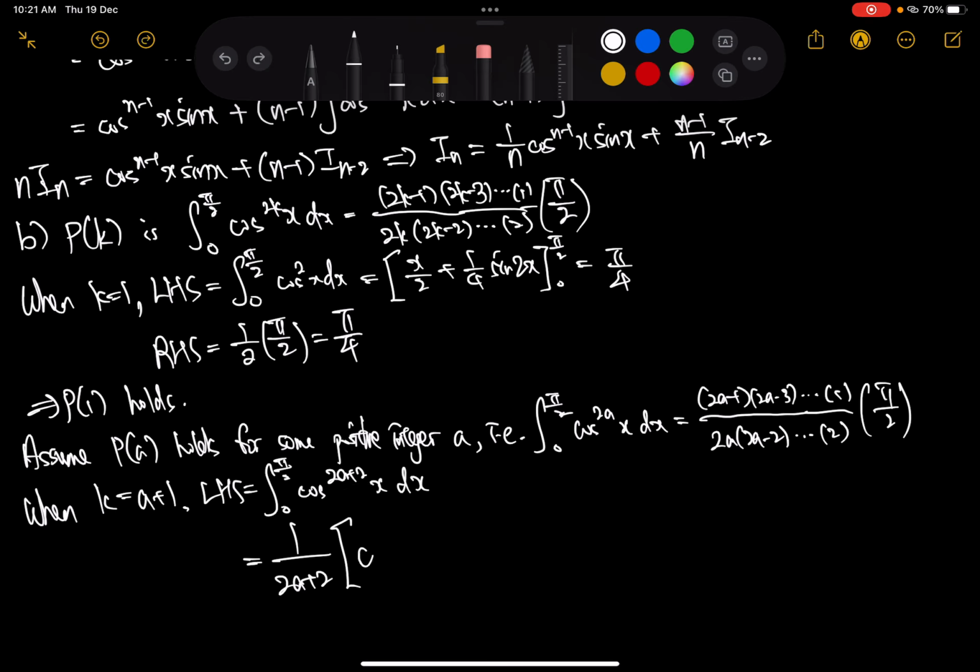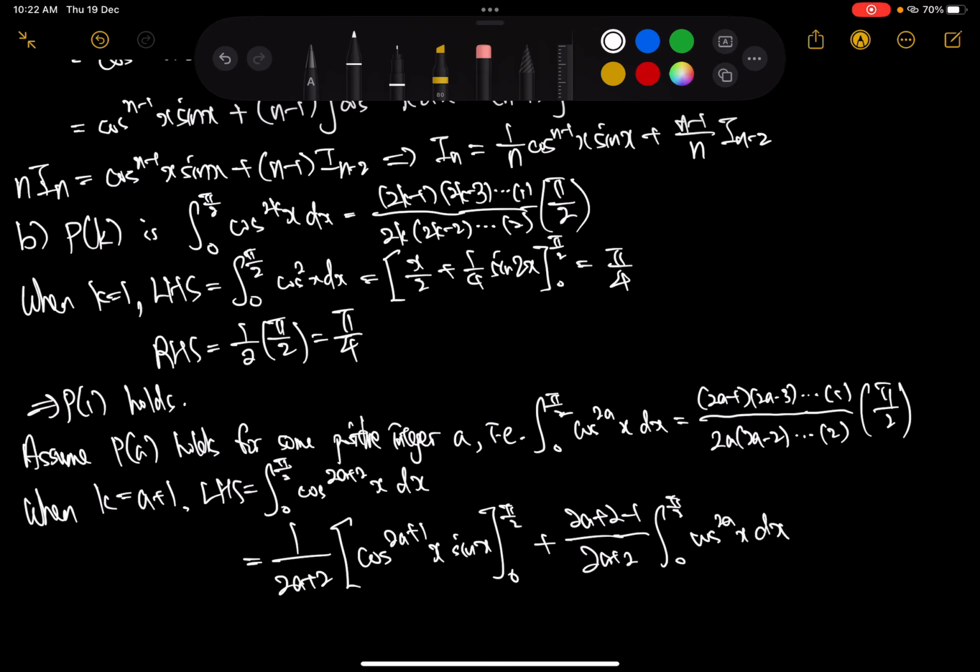And inside we'll have cosine 2a plus 1 x sine x from 0 to pi over 2 plus 2a plus 1, not plus 1, but plus 2 minus 1, 2a plus 2, the integral from 0 to pi over 2 of cosine of 2a x dx.